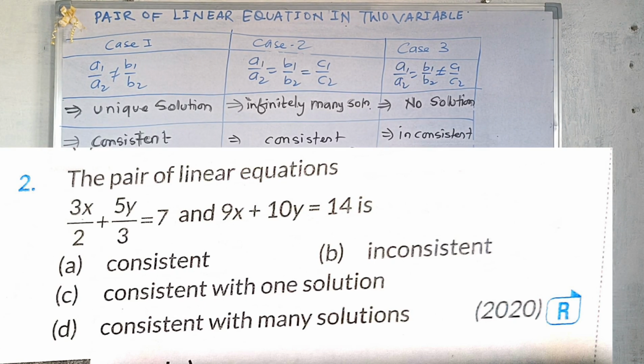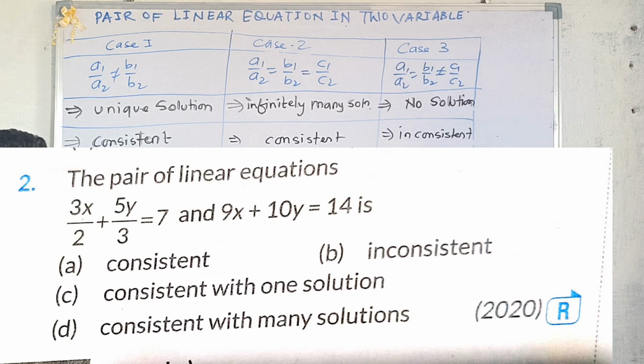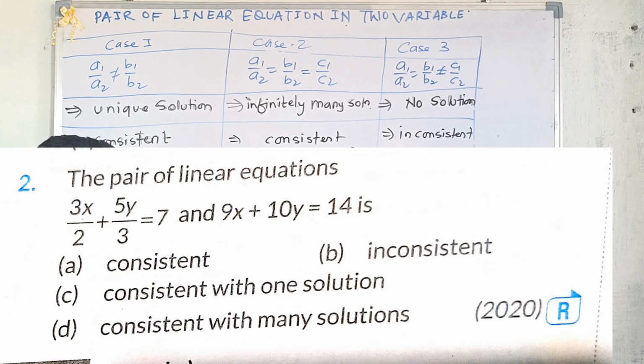Now let us put the things in a ratio, like 3 by 2 upon 9, 5 by 3 upon 10, and minus 7 upon minus 14. This can be written as, 3 by 2 divided by 9 means multiplied by 1 by 9, so this will be 3 upon 2 into 9 is equal to 5 upon 3 into 10, which is equal to minus 7 upon minus 14.